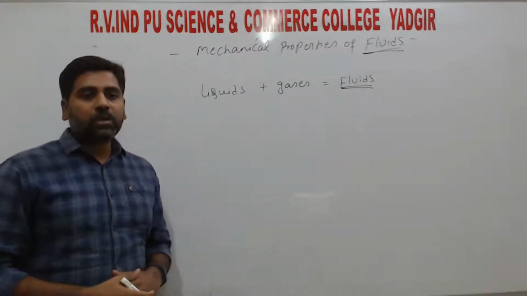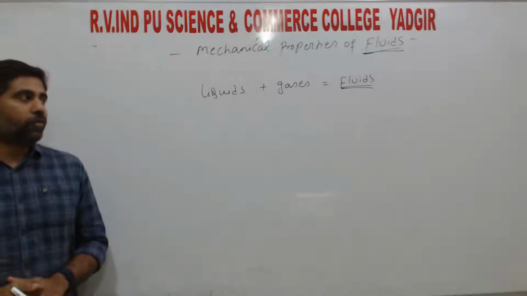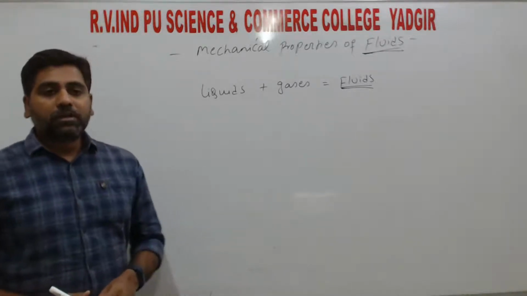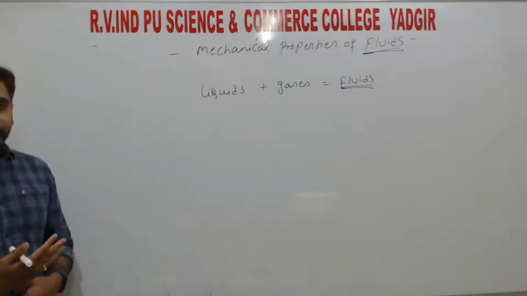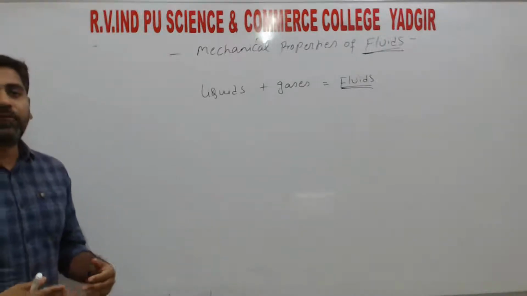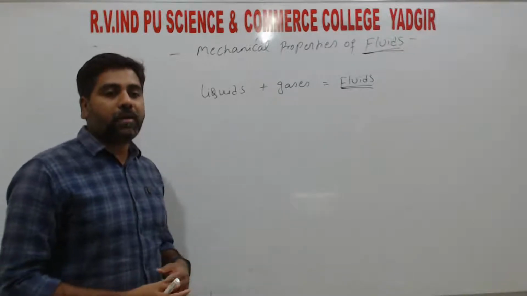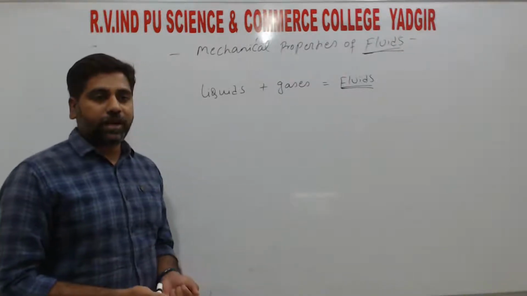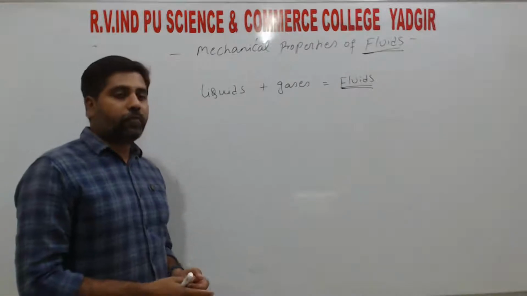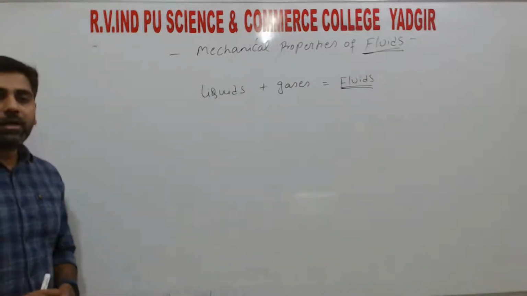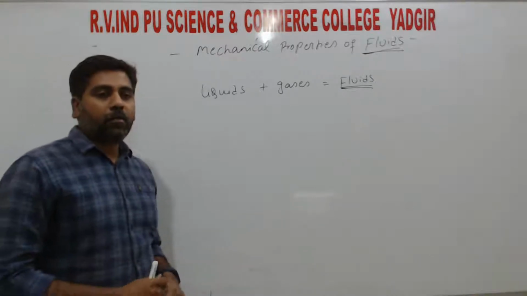Fluids are the substances that move or flow under the applied force, and they do not have any regular shape, right? So fluids are the substances that flow under the action of the applied force.